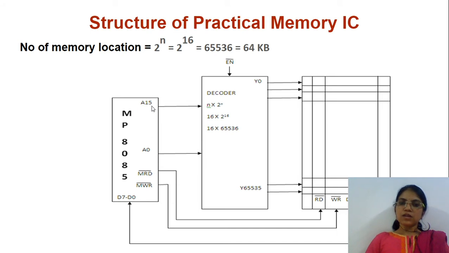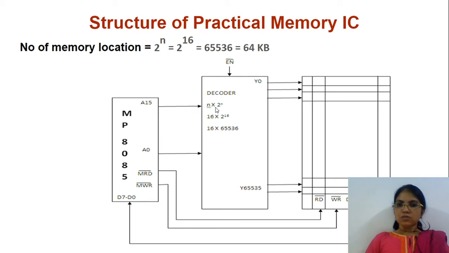Whatever address you are considering, that address first of all we transfer on the address lines of microprocessor 8085. When that address is transferred on the 16 address lines of the 8085, those address lines are connected with the decoder. According to the number present on the inputs of the decoder, one of the outputs is activated. Since we are transferring 0001H, converted into binary it is nothing but 01.